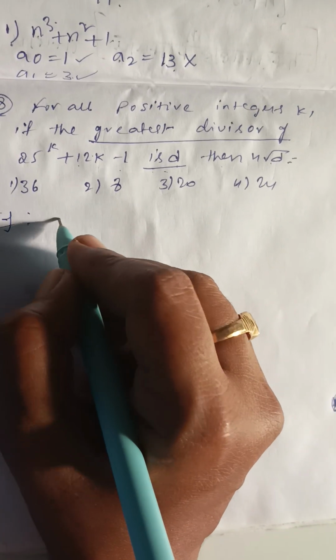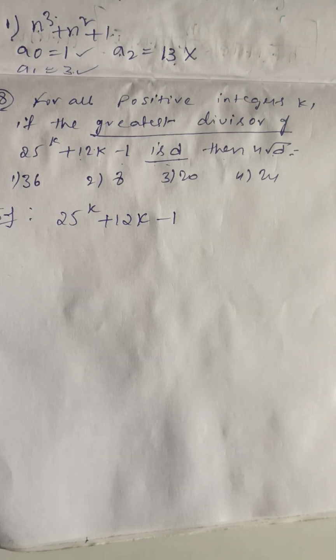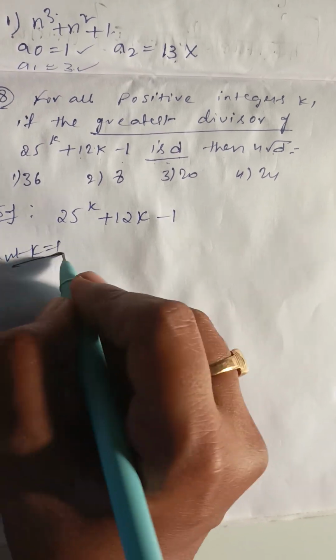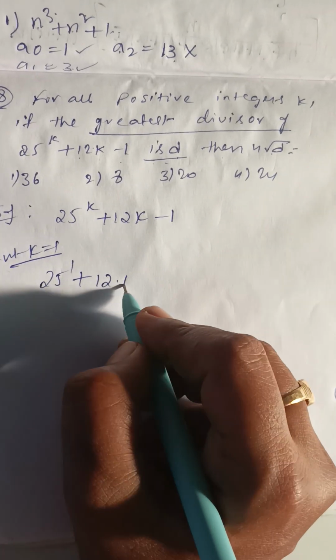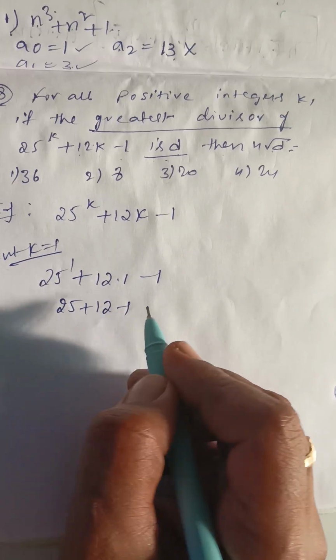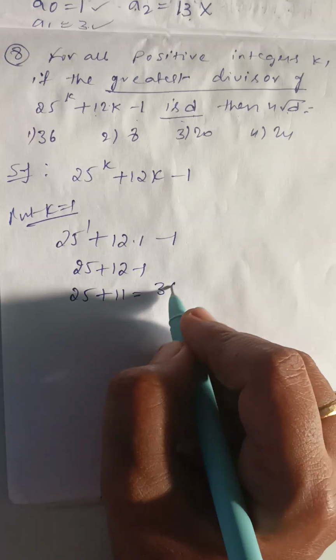Okay, given 25 power k plus 12k minus 1. So this is the given expression. Now put k equal to 1. Then 25 plus 12 into 1 minus 1, so 25 plus 11, which is equal to 36.